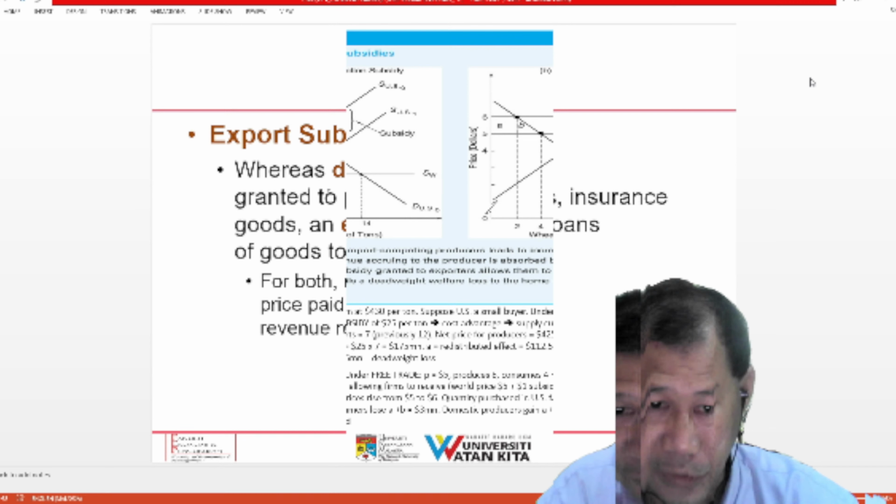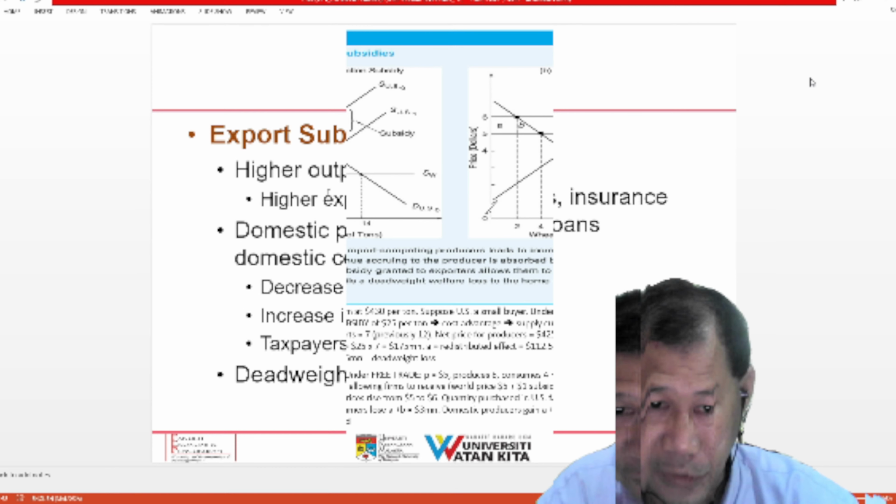Okay, next. Export subsidy. Whereas domestic production subsidy is granted to producers of import competing goods, export subsidy goes to producers of goods to be sold overseas. For both, net price received by producer equals price paid by purchaser plus subsidy, and subsidy revenue redistributed in the form of producer surplus.